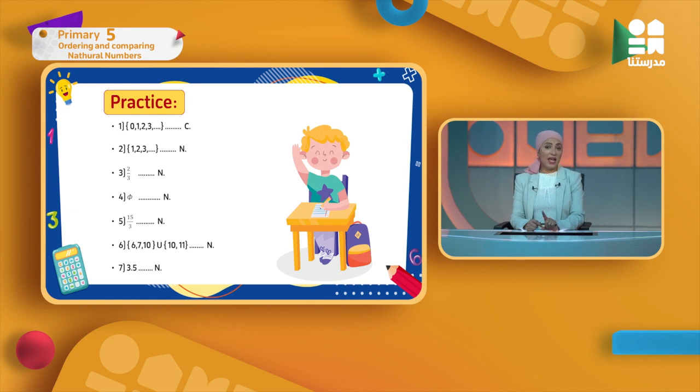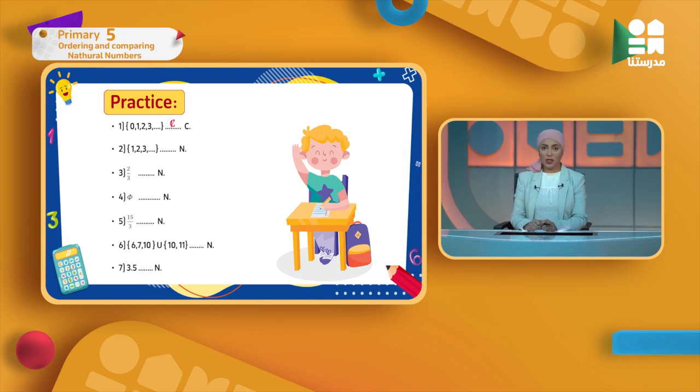Why? Because I have 0 here, and the element 0 is not a part of the set of counting numbers. Then in this case, it is not subset. Now I'll move to the second one. The set of numbers 1, 2, and 3, and so on. Is it a part of the set of natural numbers? Here it's a relation again between two sets, so I'll choose either subset or not subset.